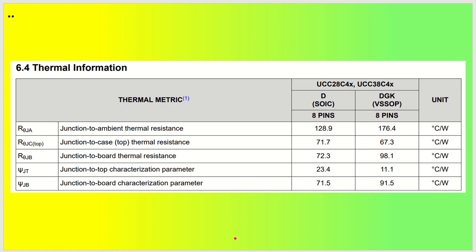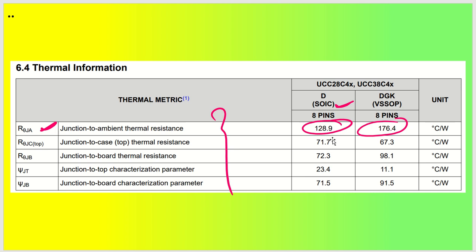If you talk about the thermal data, you can see we have junction to ambient thermal resistance. For the SOIC package it is 128 degree centigrade per watt, and for the VSSOP package it is a bit higher, which is 170 degree centigrade per watt. So the SOIC package is preferred, and this will be a little costlier compared to the VSSOP package.